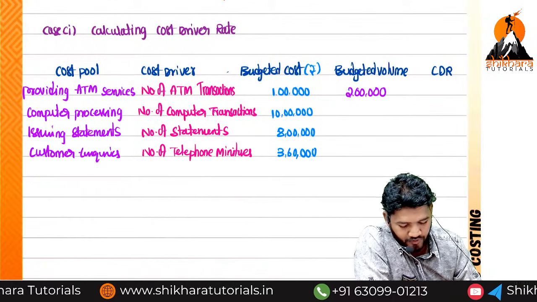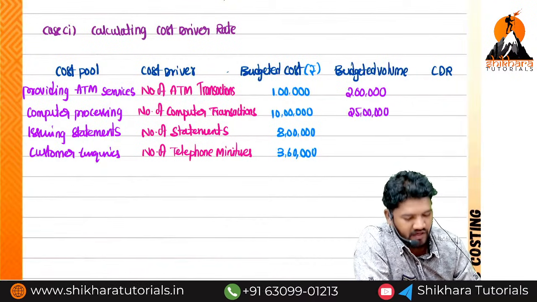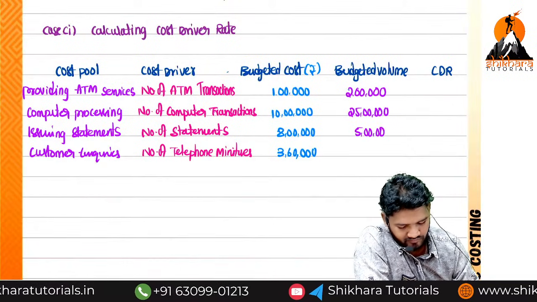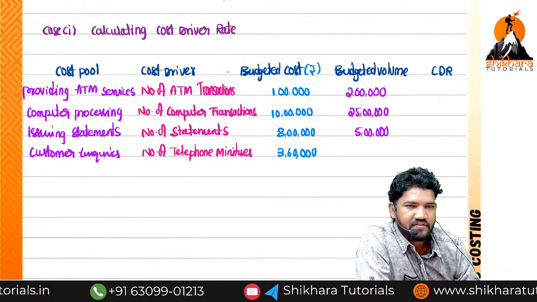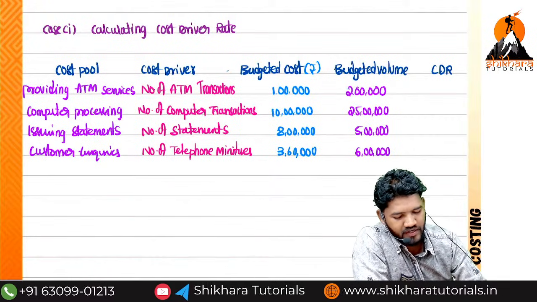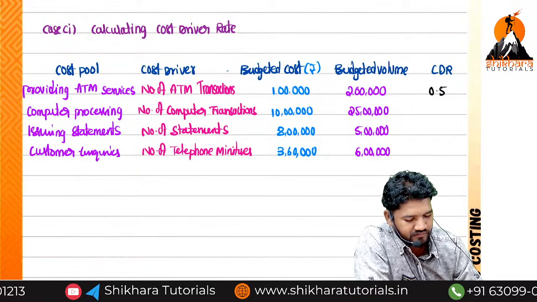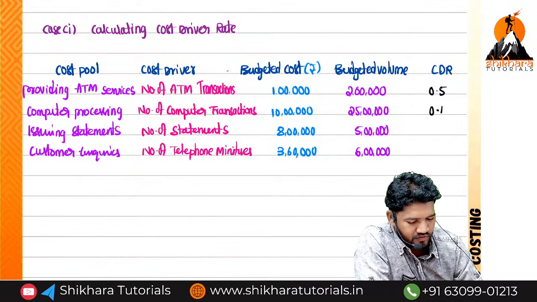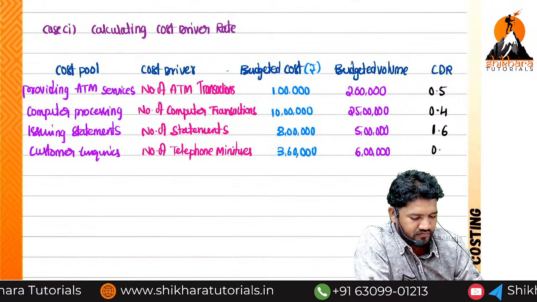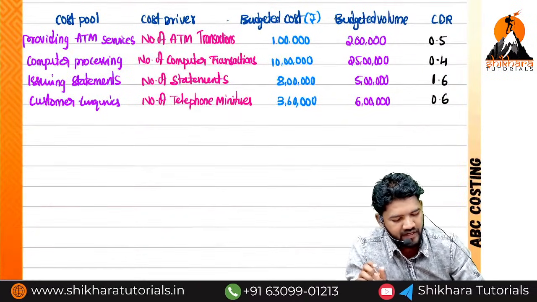Processing transactions, computer transactions. Number of statements. Minutes. Cost driver rate, please. 0.5, 0.4, 1.6. Okay, then fine.